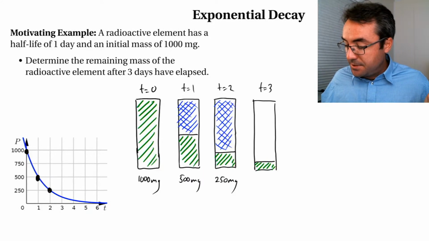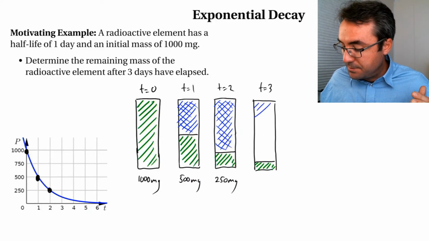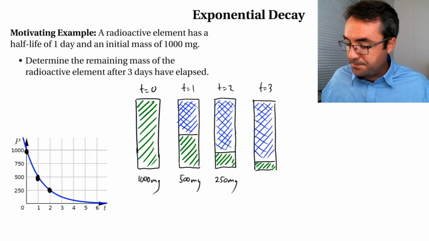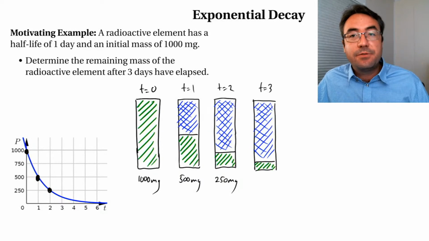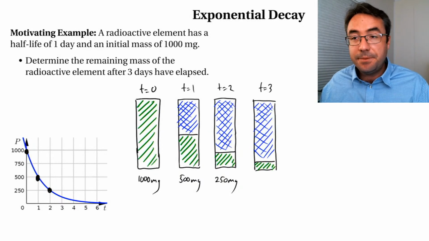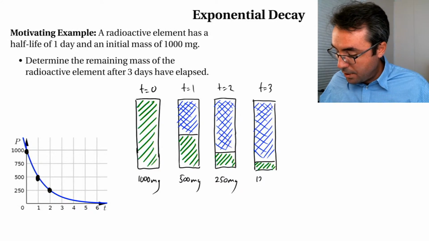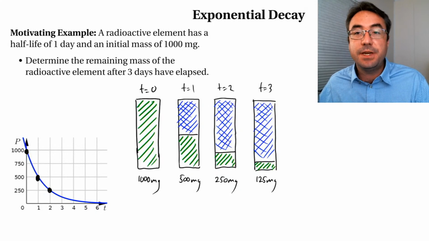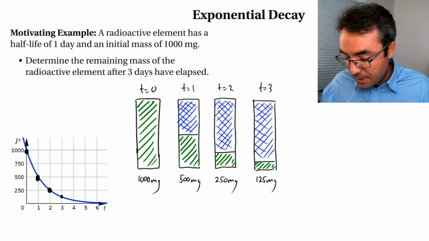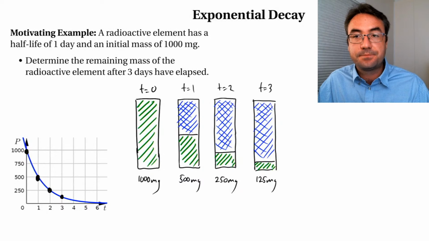And then the rest is whatever the new substance is. So it's all of this. This is all of our new stuff. So how much of our original radioactive element is still there on day 3? 125 milligrams. It's cut in half yet again. So we go from 250 down to 125. And let's plot that on our graph here.